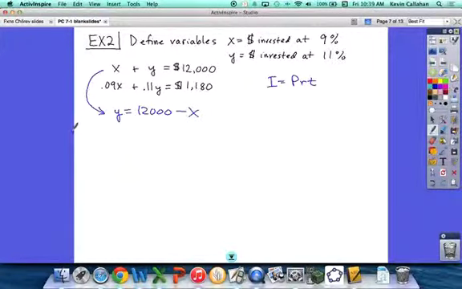There's our step one. Step two would tell us to substitute into this equation for y. So this is 0.09x plus 0.11 times 12,000 minus x, and that equals 1180.